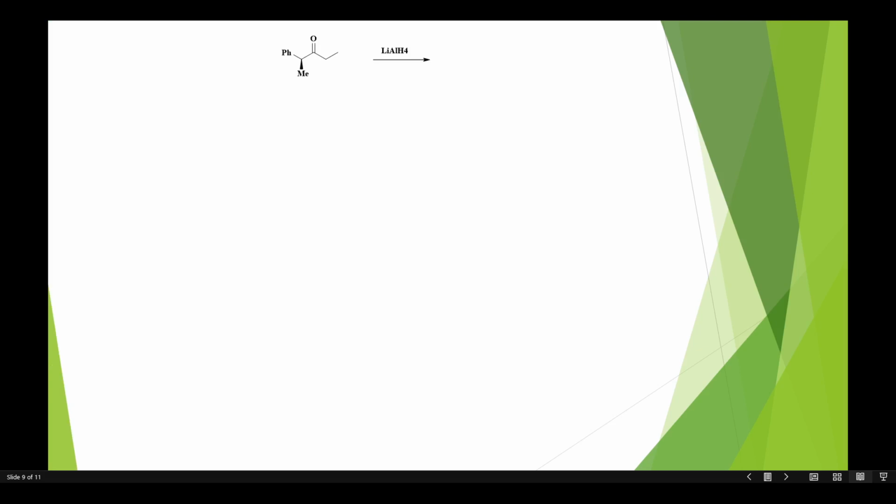And this is my next question. You just see, this is based on stereochemistry. How will you decide the stereochemistry? First, check which product you will get in this case. How will you confirm that?